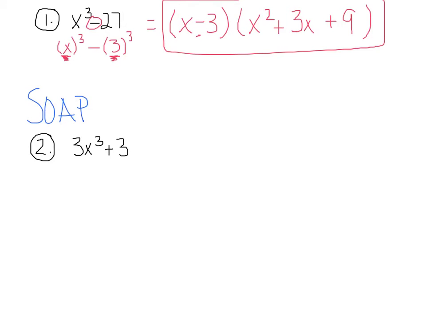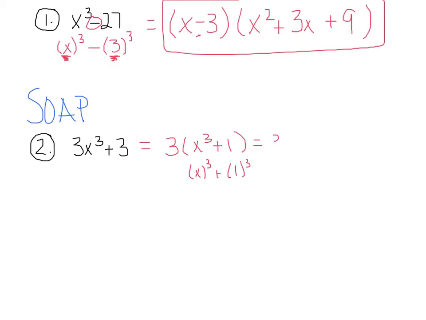Alright, example 2. We have 3x cubed plus 3. First thing you want to do is recognize that you can factor out a GCF. So you have 3 times x cubed plus 1. And then x cubed plus 1 is a sum of cubes. We're going to have x cubed plus, and then what would be the cube root of 1? Well, 1, so 1 cubed. Okay, now let's write this down.